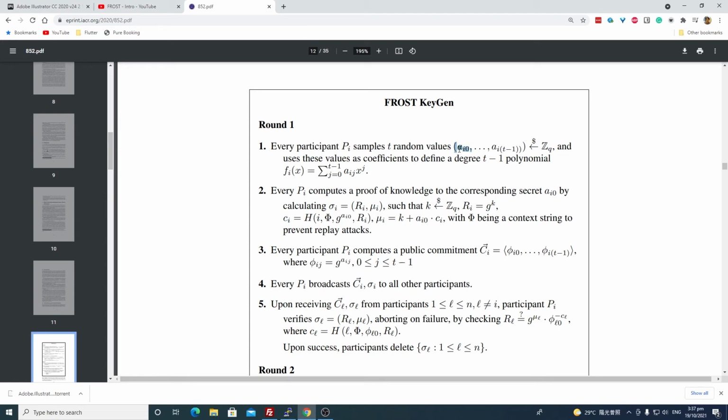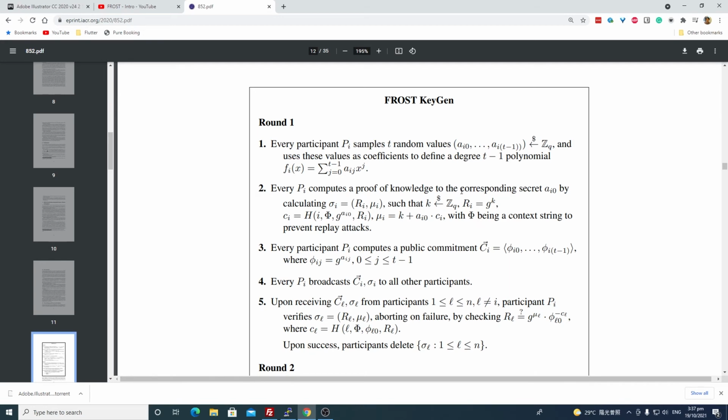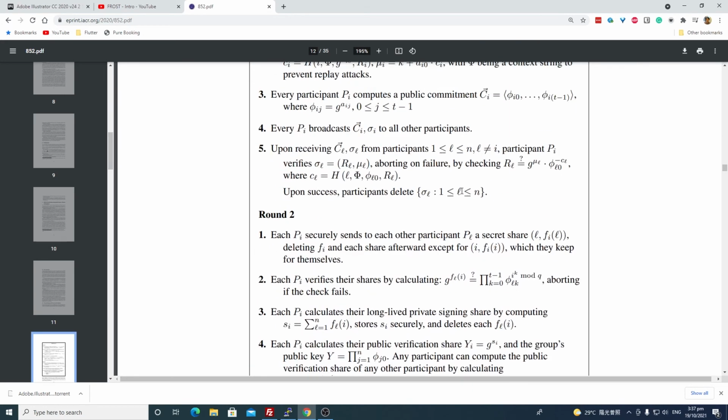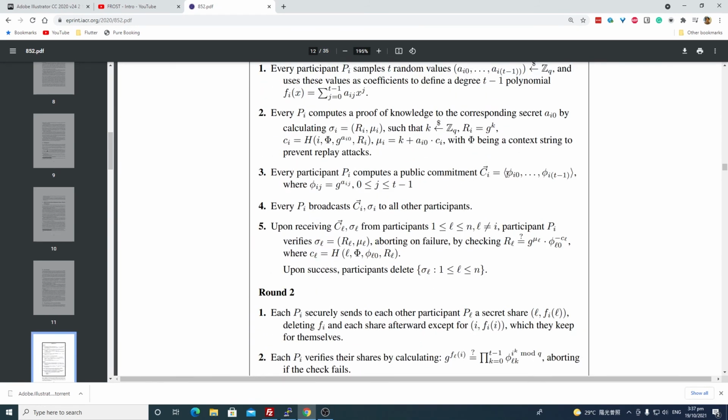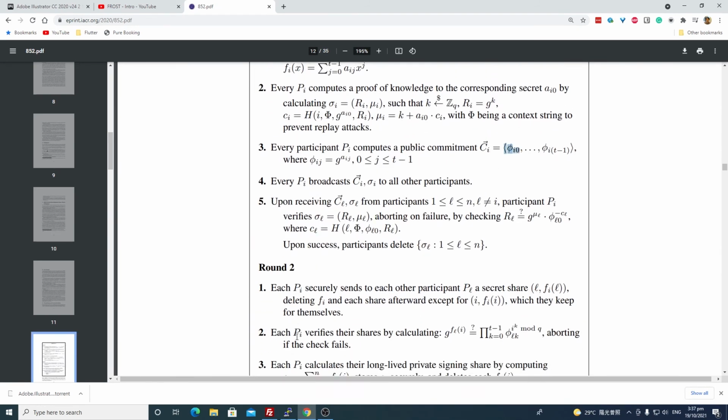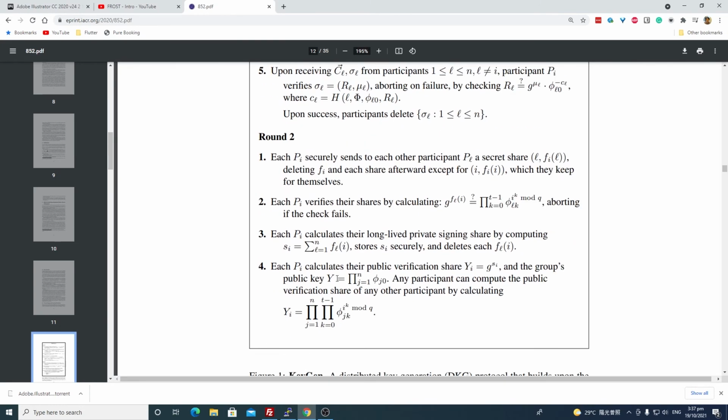Each participant has chosen this term as their secret share, and then the group secret is going to be the sum of all these. Therefore, the group public key is going to be the sum of these. They write it as multiplication, but that's just a matter of convention.